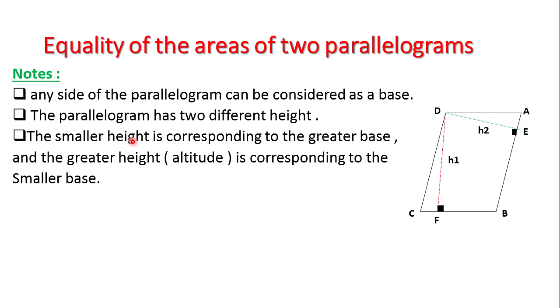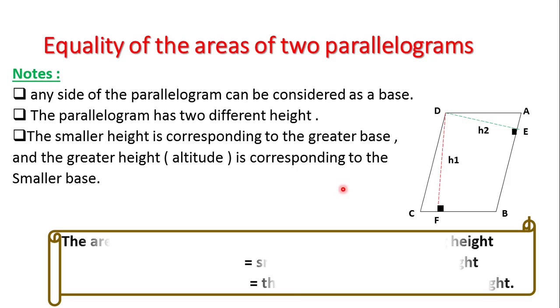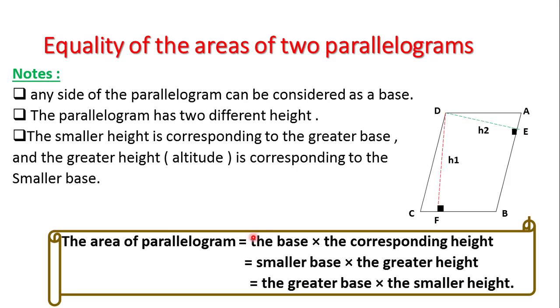The smaller height, as you can notice from this figure, corresponds to the greater base, and vice versa. The greater height corresponds to the smaller base. And we studied before that the area of the parallelogram equals the base length times the corresponding height.